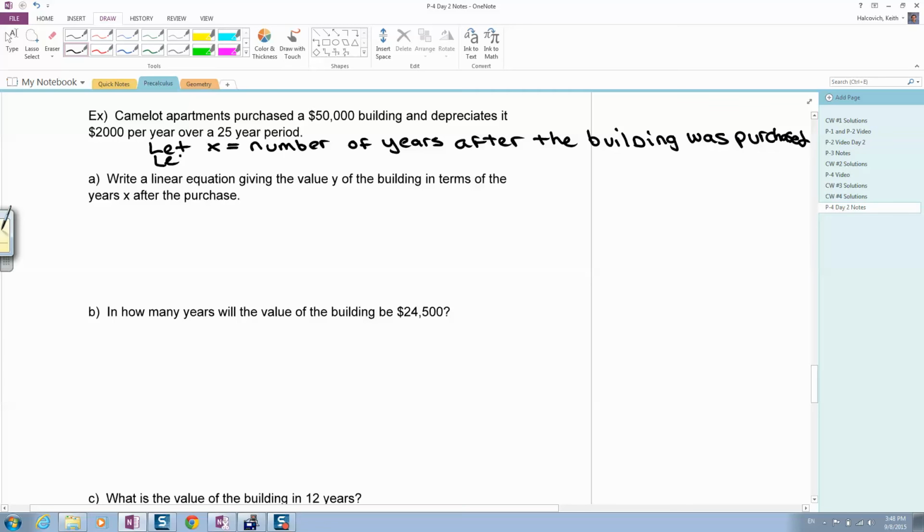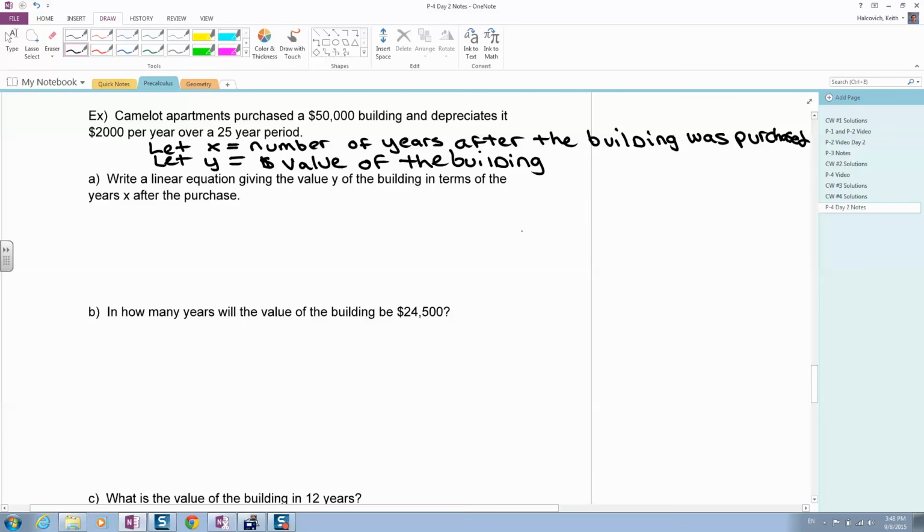And we're going to let y equal the dollar value of the building after it was purchased.